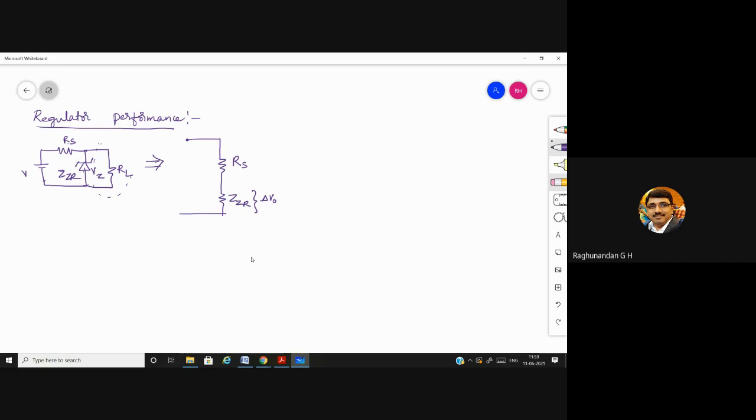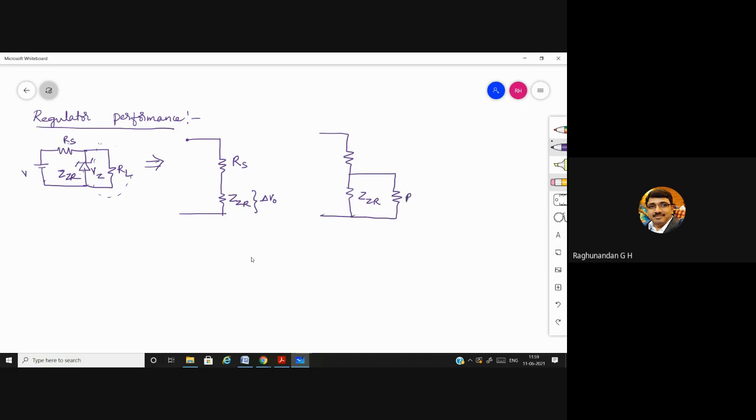Now we will add this resistor, load resistance, which we have ignored. Now you consider it. So when you consider it, can you tell me where actually you are going to attach this RL? If you want to attach to this circuit, where you are attaching RL? Parallel to ZZR. Yes. So we are going to add it parallel to ZZR.